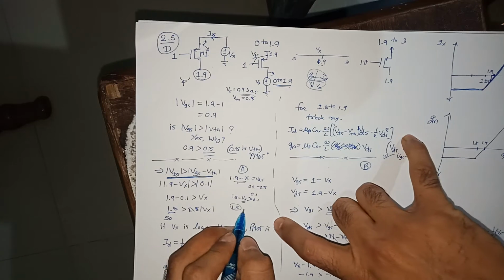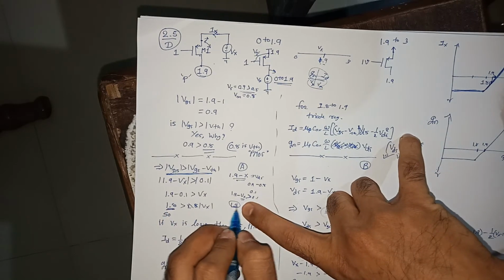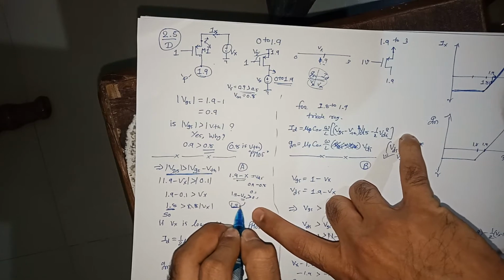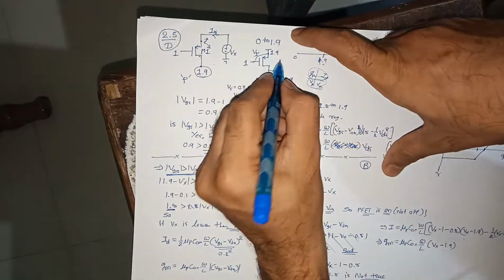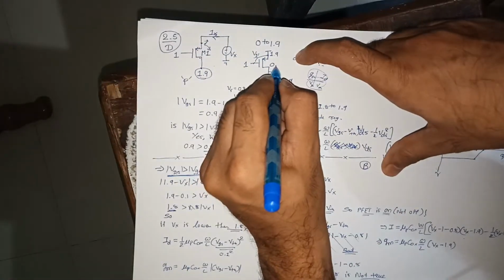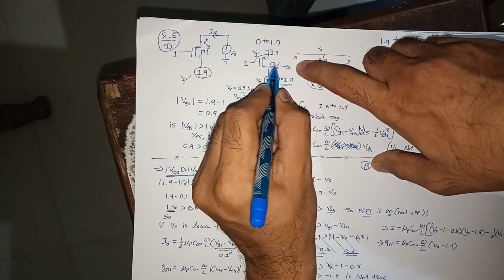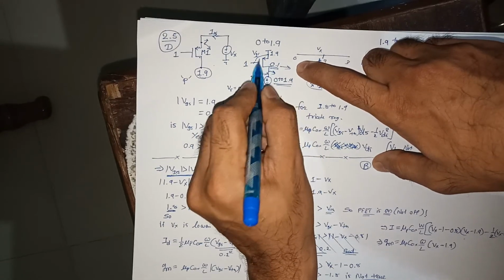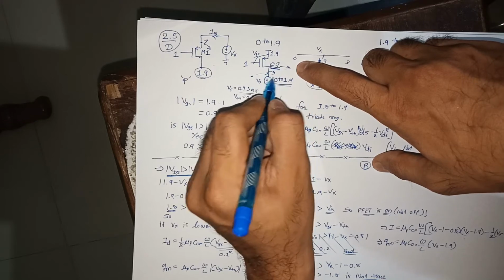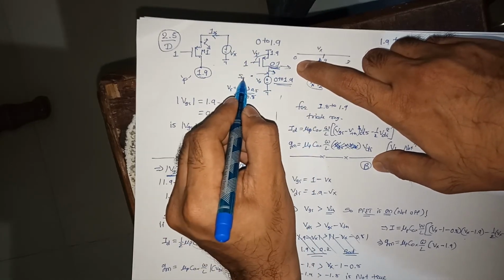Here you will get confused whether we should consider greater than 0.1 or less than 0.1. By using common sense, your overdrive voltage is 0.1. If Vx is such that VDS is more than your overdrive voltage, all those conditions will be in the saturation region.